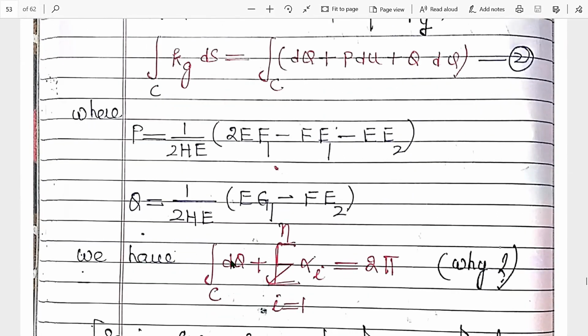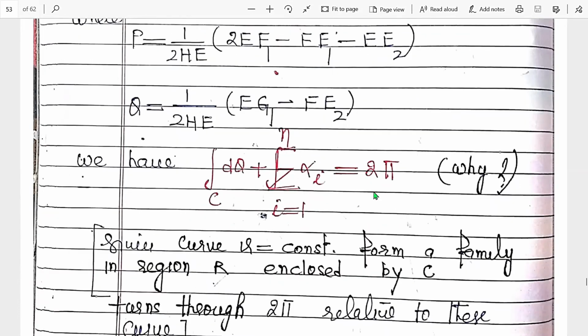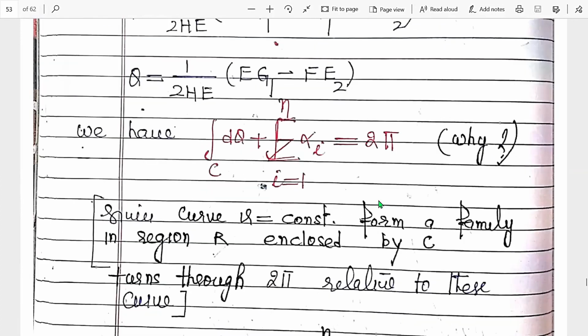We have this d theta plus the summation of alpha i, which is equal to 2 pi. Why is this equal? Since the curve v equal to constant forms a family of regions enclosed by C, that's why this total sum is equal to 2 pi.